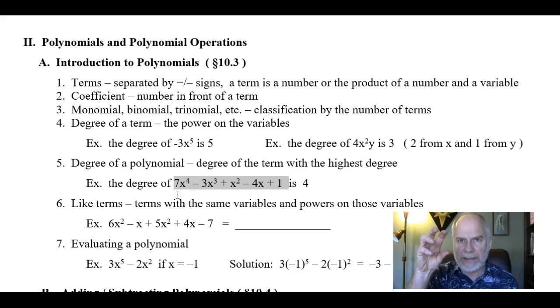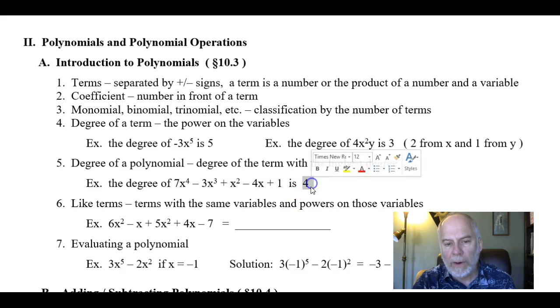The term that's the highest degree dictates or determines the characteristics of that polynomial. We'll study some of those characteristics later. But you just go by whichever's the highest. So because the first term, 7x to the 4th, has the highest degree, its degree is 4, then the degree of the whole thing is 4.